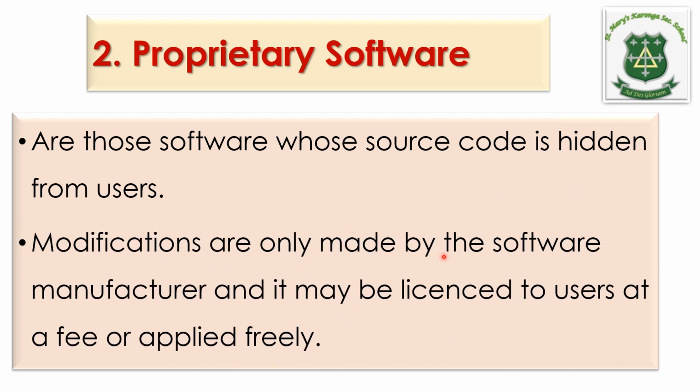Modifications are only made by the software manufacturer, and it may be licensed to users at a fee or applied freely. So here we talk of the software that comes with a password, and you cannot change it. So only the manufacturer is the one who can change it, and you have the license. So without the license, you cannot access this software.